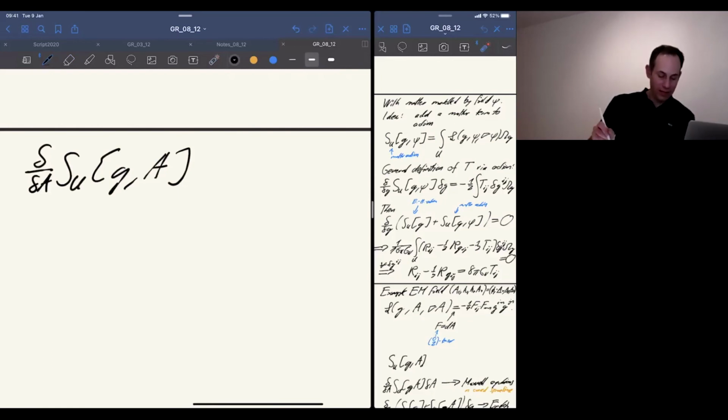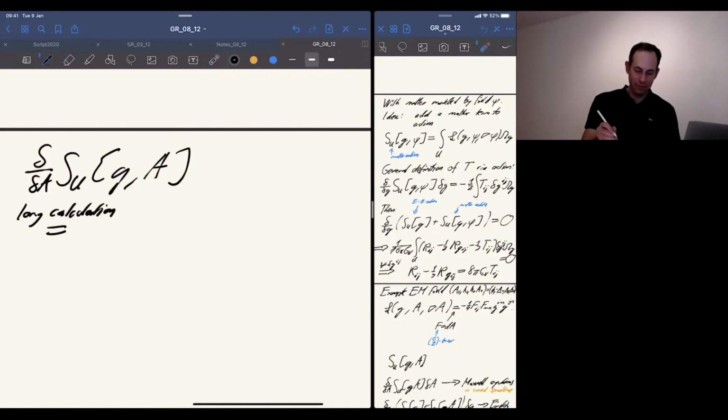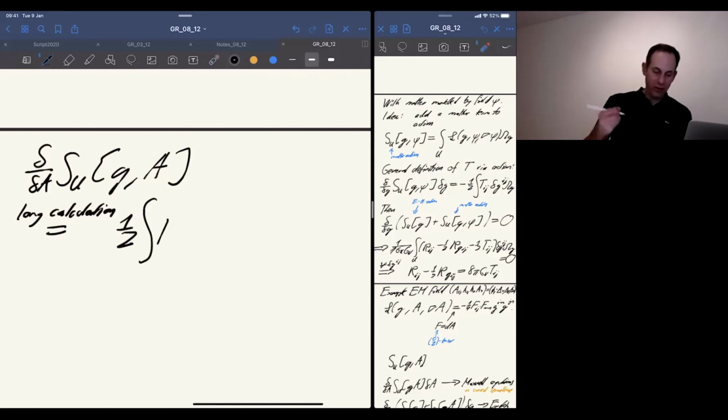The result of the calculation is, okay, I've written it up somewhere here. So the result of the calculation is, okay, there's a long calculation, not as long as the one we did today. But still, one needs to work a bit to get it. And then one gets an integral still. The integral involves the F, which is an abbreviation of dA.